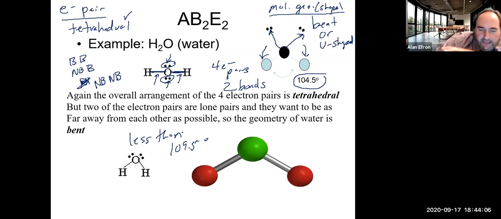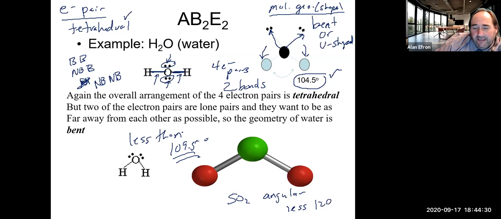Now, this name here, and the one we started with, SO2, this is the difference here. Bent or V-shaped implies this sort of geometry here, this bond angle of like 104, definitely less than 109. When you use SO2 and angular, it is actually talking about something less than 120, like 117, 116, something like that.